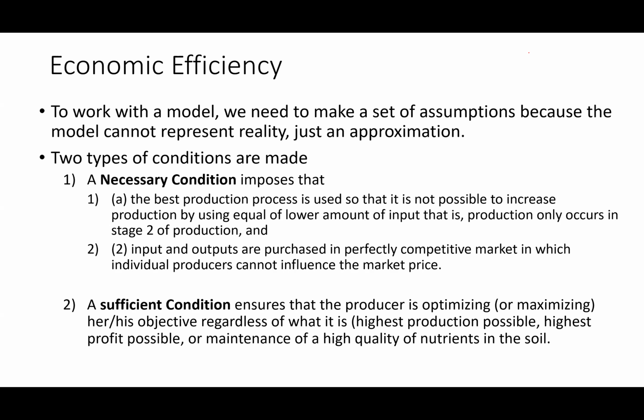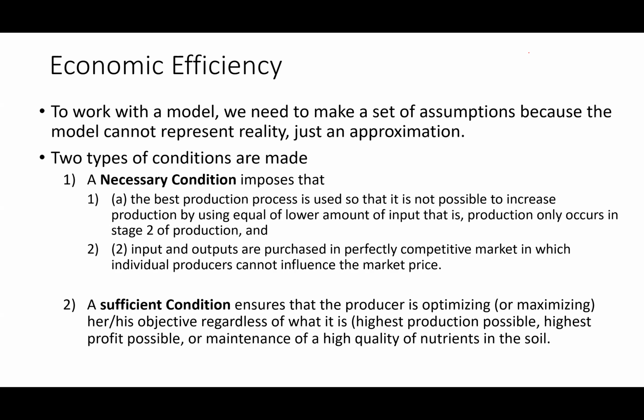The second condition, the sufficient condition, as we call it, ensures that the producer is optimizing her objective regardless of what it is. And so we talk about the different objectives that can be optimum. The objective can be to maximize yield.